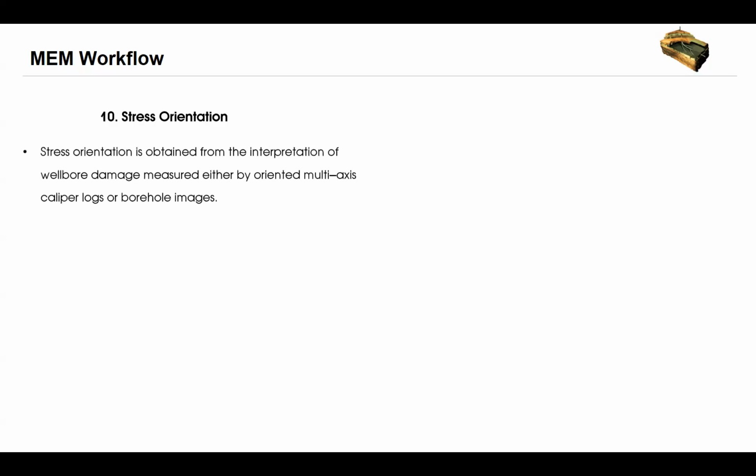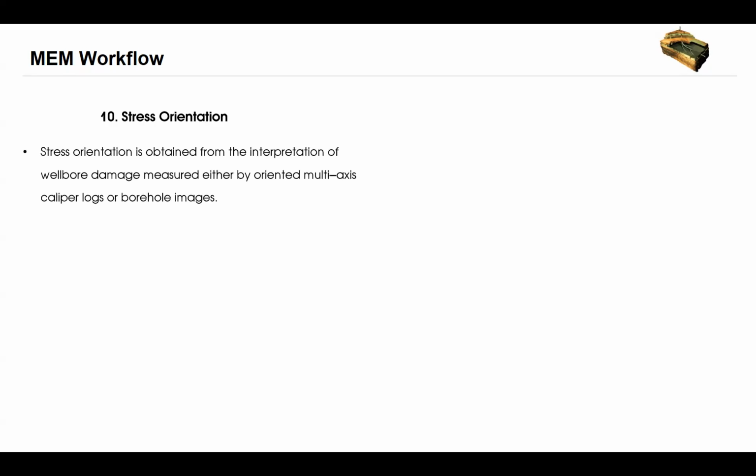The final step, I don't know if we can call it final or the first one or a middle one, because the stress orientation profile can be generated at any time since it doesn't use any input from other mechanical earth model profiles. The stress orientation doesn't use elastic properties or logs or the stratigraphic framework.